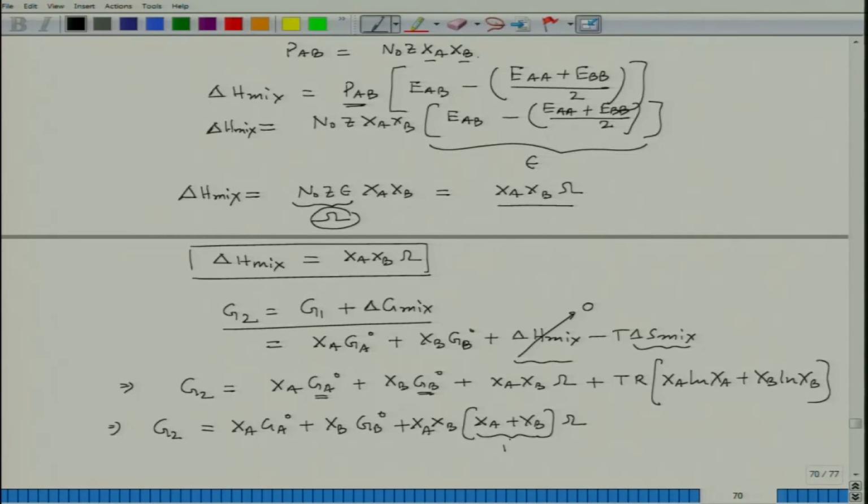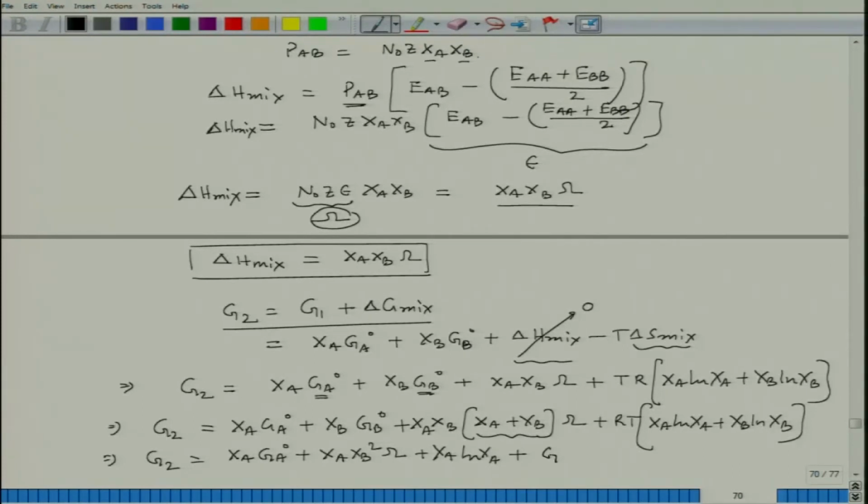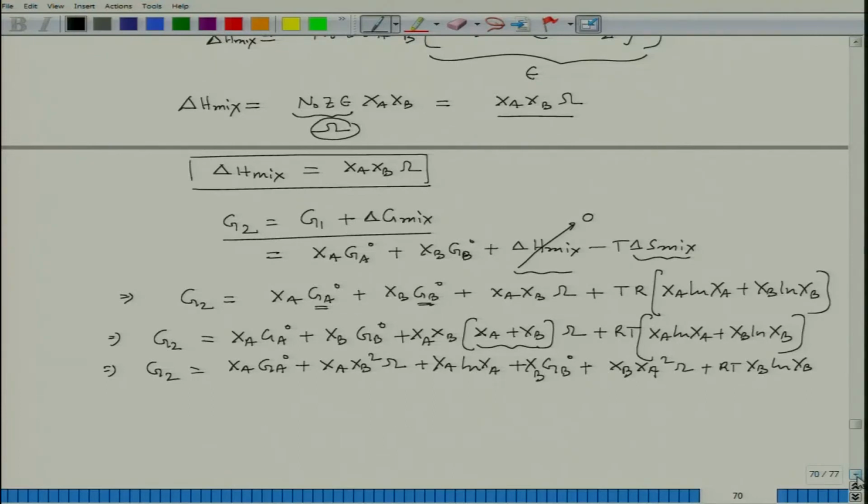So, I can just make a mention of this, plus R T (X_A ln X_A plus X_B ln X_B). G2 would be equal to X_A G_A^0 plus omega X_A X_B square plus R T X_A ln X_A plus X_B G_B^0 plus omega X_B X_A square plus R T X_B ln X_B. I just redistribute the entire expression.